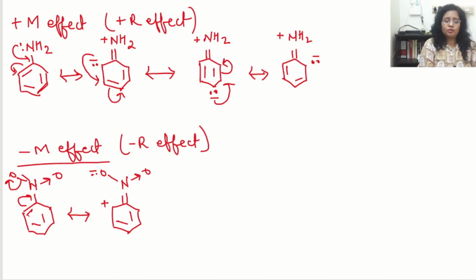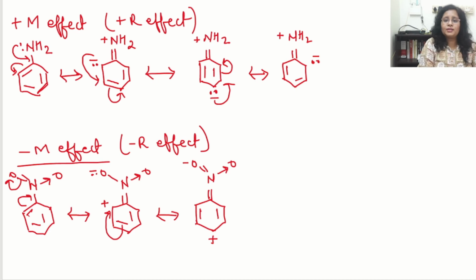Now in this condition, what will go on here? This pi bond jumps to this plus position, and in turn what will happen? Again bond is here and plus charge will reach here.